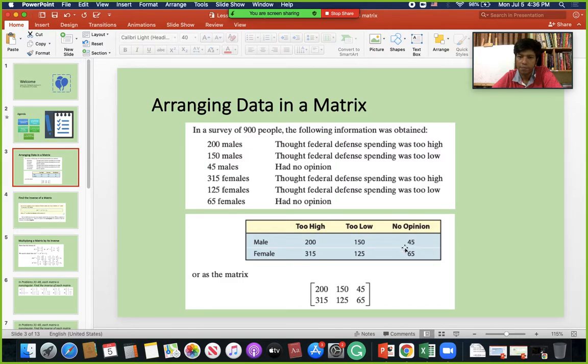This is their opinion. If we arrange all the male responses, too high, too low, and no opinion, it looks like this. So real life data, we can arrange in a matrix.